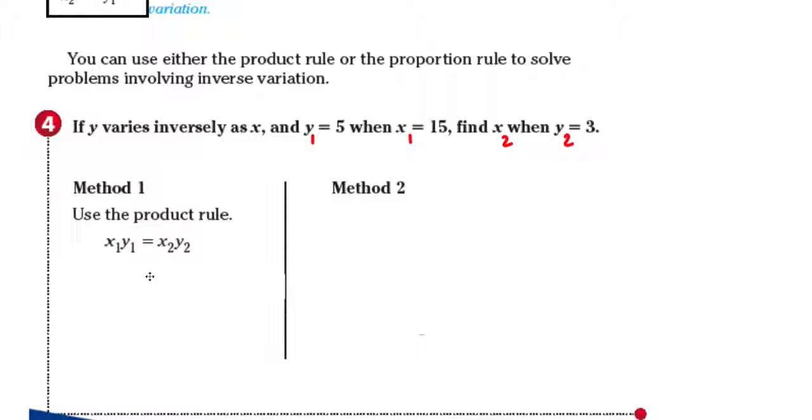Substitute our values: x sub 1 would be 15, and y sub 1 would be 5.